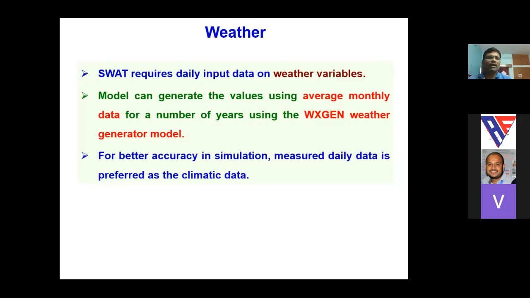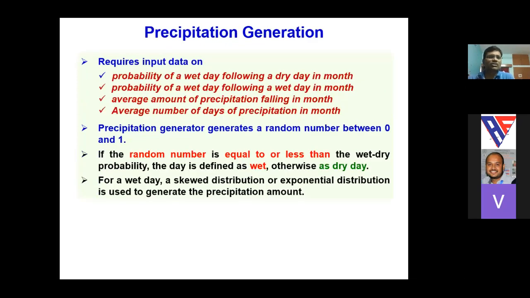If you don't have some of these parameters, like temperature or precipitation, there is an inbuilt weather generator, and it will generate the weather parameters for you. But if you want good accuracy, it is always better to provide observed data. SWAT generates the precipitation, as I already told you, by using the weather generator.